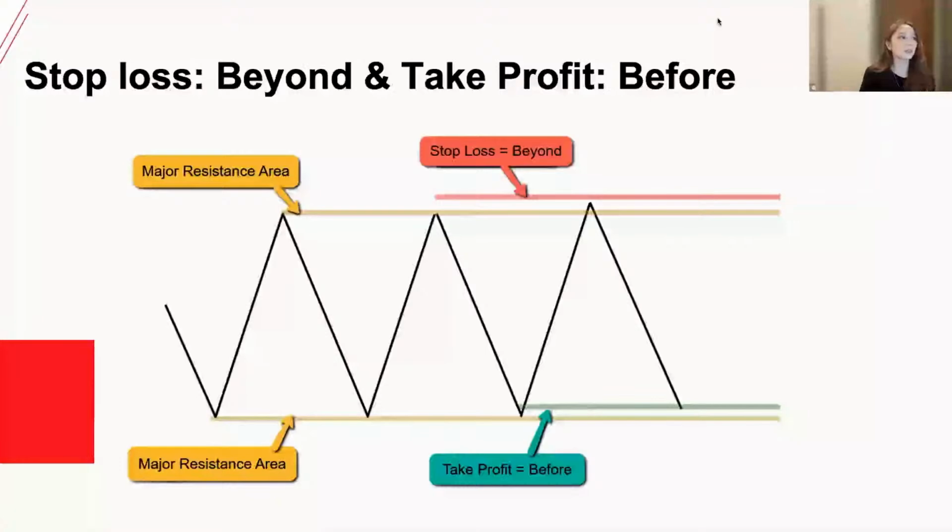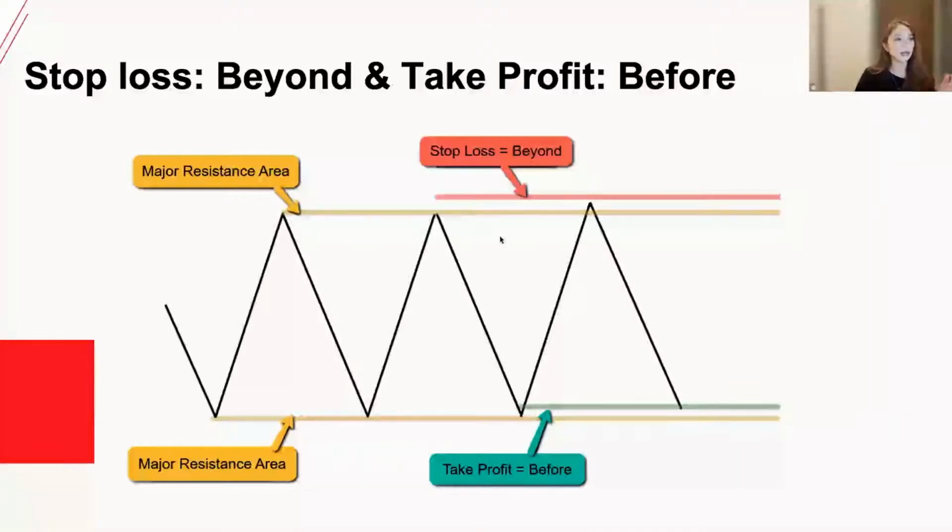Normally the stop loss will be given beyond the resistance, or slightly above the resistance or the support, depending on the direction you are looking at. And take profit will normally be put slightly before the resistance we are aiming to target, and slightly before the support we are aiming to target, which allows our analysis to follow through and take profit and stop loss when it is absolutely necessary. One example is shown here.